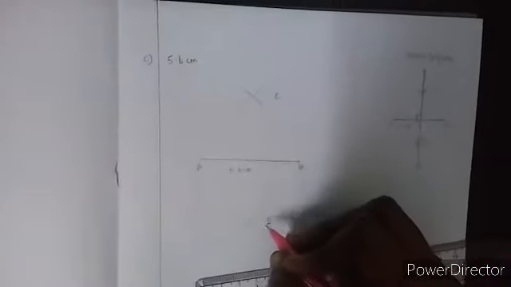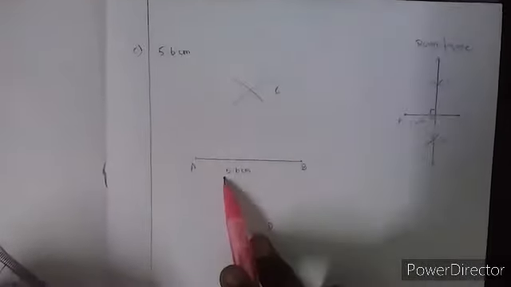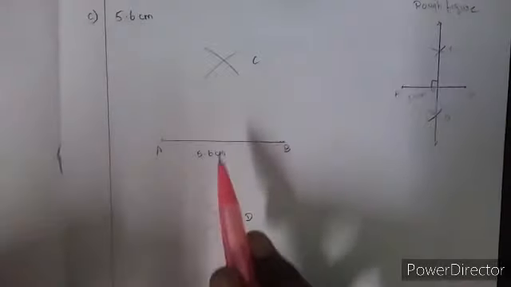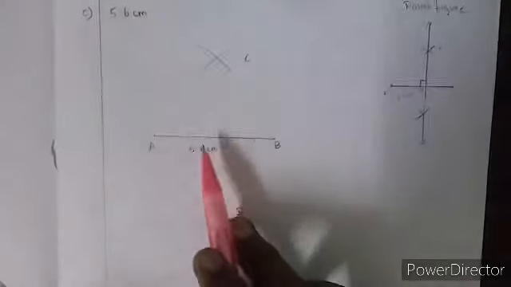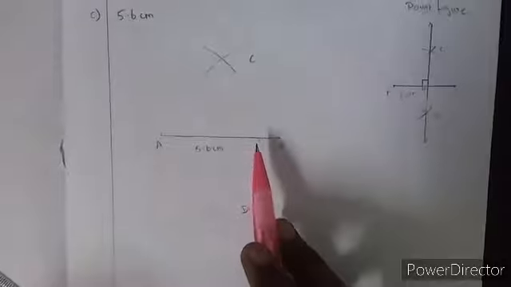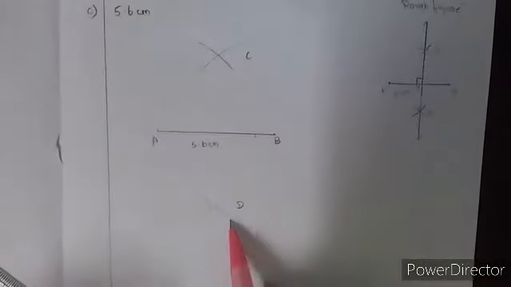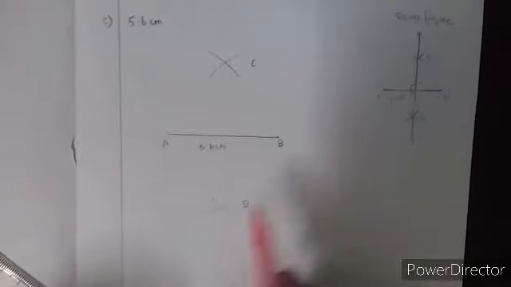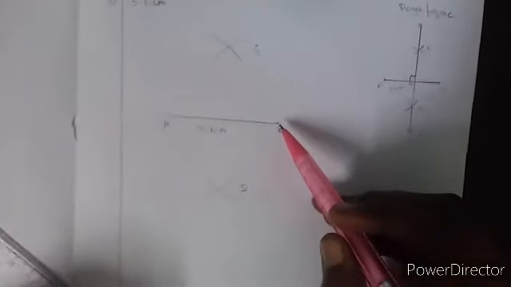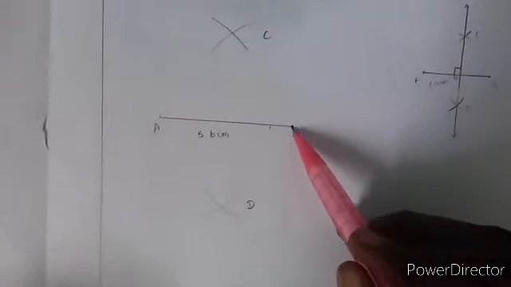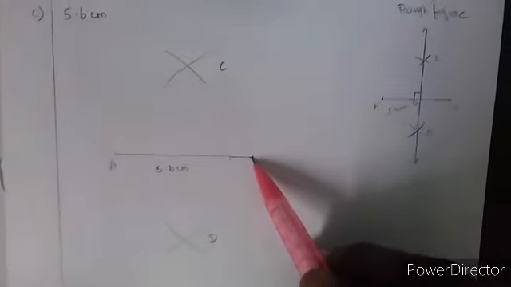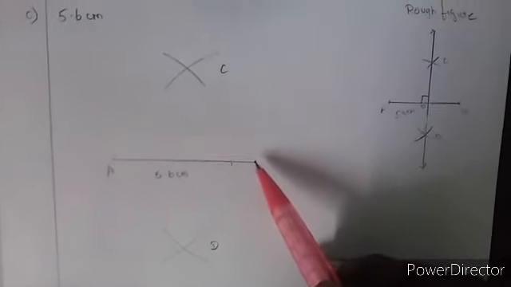and D. Step 3. See, step 1 is draw a line segment AB 5.6 cm, and step 2 we have to cut an arc more than half of the radius of AB, one above the AB and below the AB. And next, step 3, with the same radius with B as a center, cut the arcs drawn in step 2.